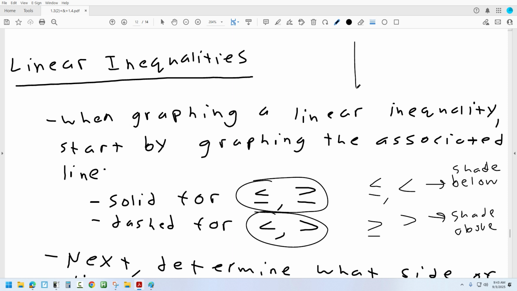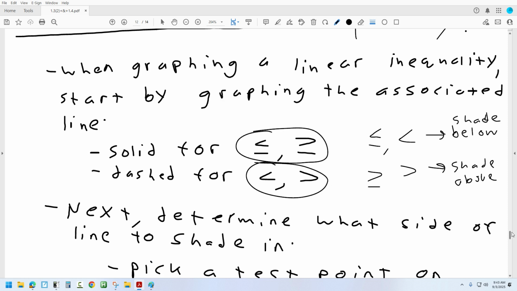Yeah, the left. And if you had a vertical line and it said greater than symbol, you would shade to the right. But for anything that's not vertical, there will always be an above and a below. Okay, so now you know what kind of line, you know what side to shade on. Let's try an example.